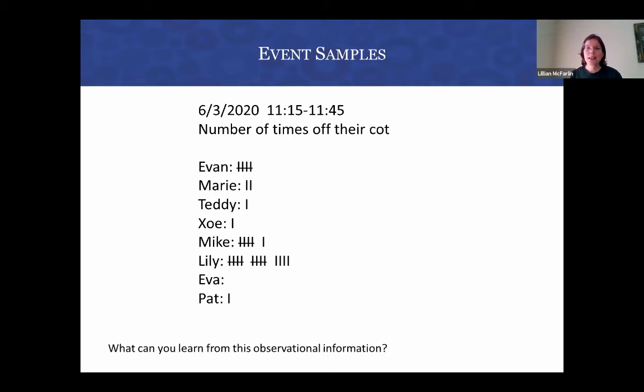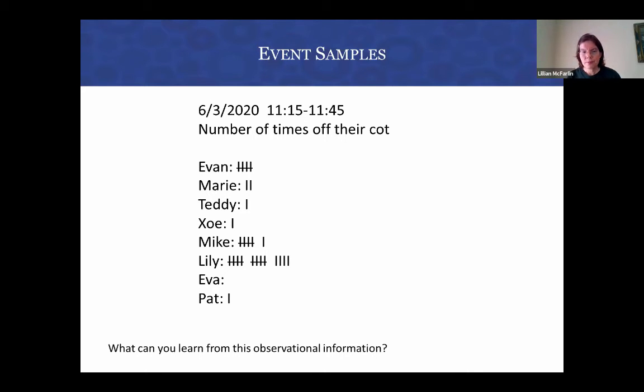And here is an event sample that goes to the nap time scenario. So on June 3rd, 2020, between the times of 11:15 and 11:45, I decided to mark down how many children were getting off their cot, or how many times each child got off their cot.